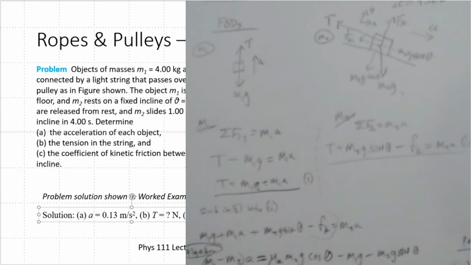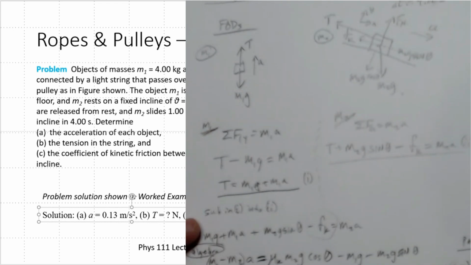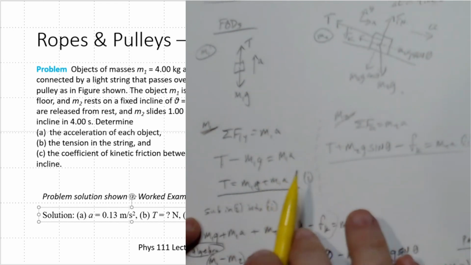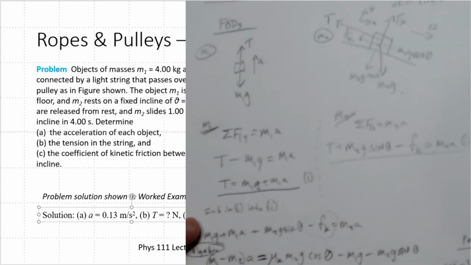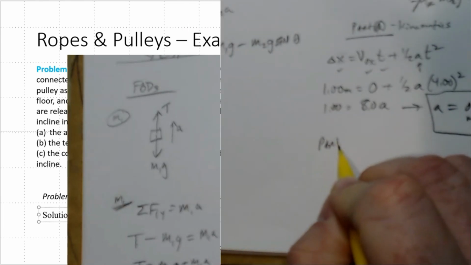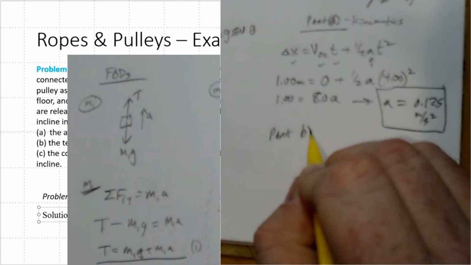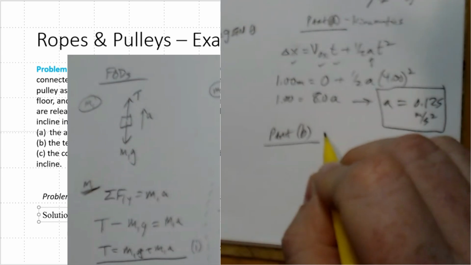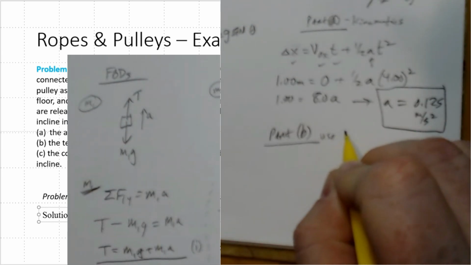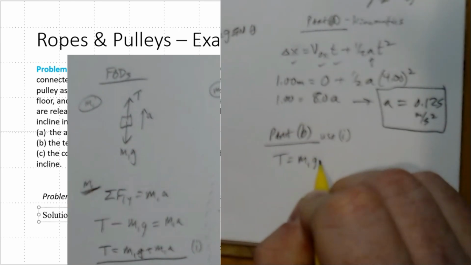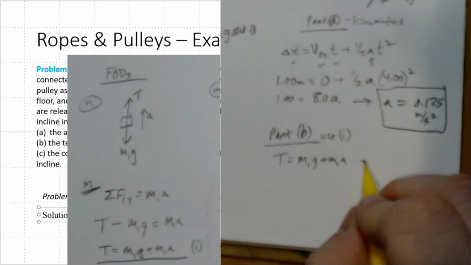Part B says what's the tension of the string. We now know acceleration. We can use either one of these two expressions. This one has the coefficient of friction in it, so for part B, we can use this guy, equation 1. T equals m1g plus m1a.